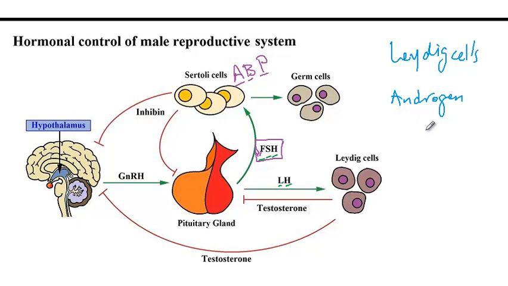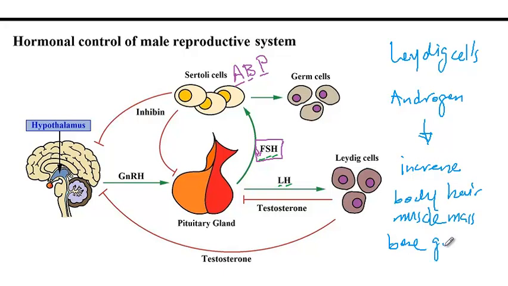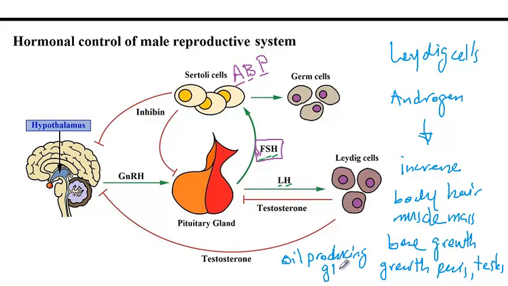Testosterone is the major androgen, and its production actually starts at puberty in order to help increase body hair, muscle mass, bone growth, and also induce the growth of the penis, testes, and induce secretion of the oil producing glands.